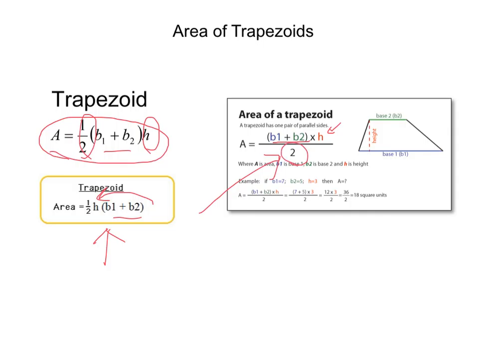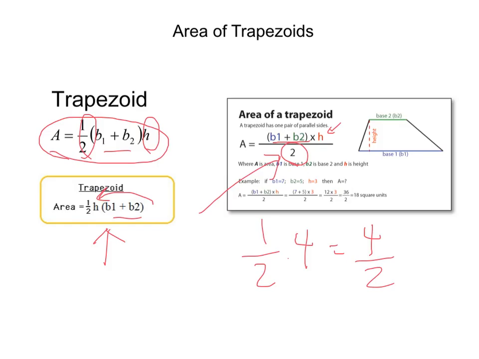But think about it. When you divide something by 2, it's exactly the same as multiplying by 1/2, right? 1/2 times 4 is going to equal the same as 4 divided by 2. So I show you this just so you realize that all of these formulas are saying the same thing. They're just represented a little bit differently.